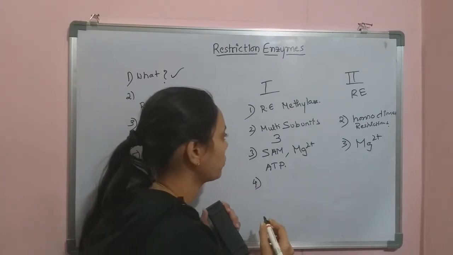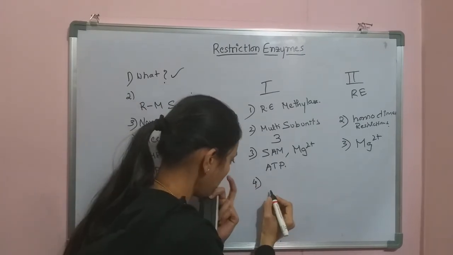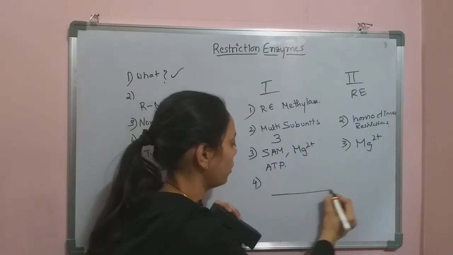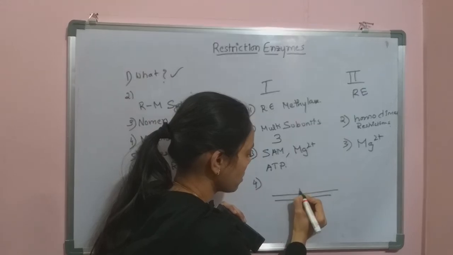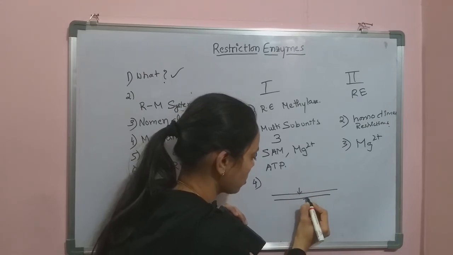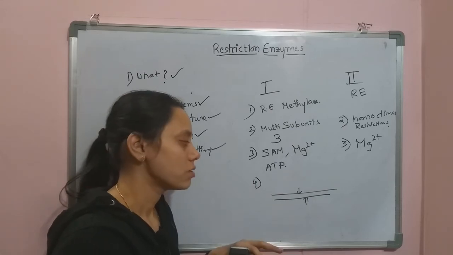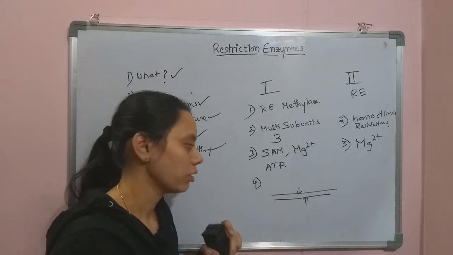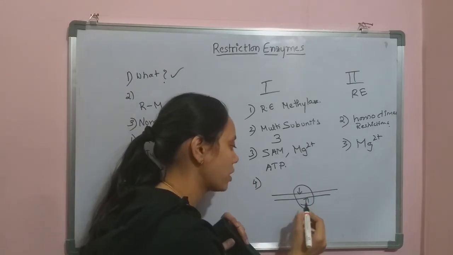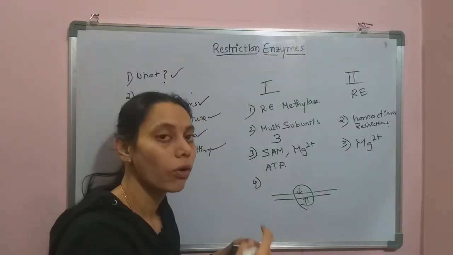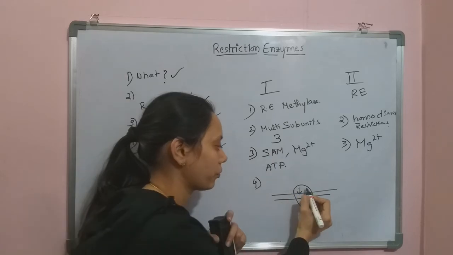Coming to the fourth point. Generally, type 1 restriction enzymes recognize the recognition site. That means they identify the sequence of the DNA which is specific for the cutting, and that is called the recognition site. They identify the recognition site, but they will not cut within the site.